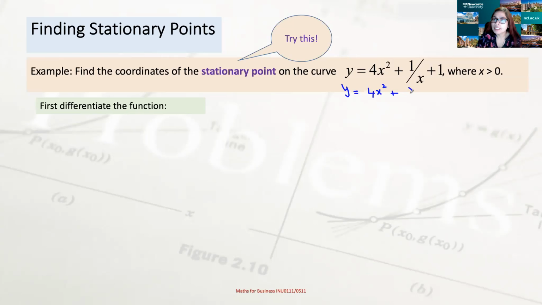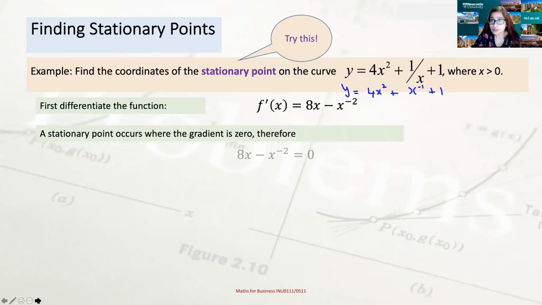So let me write it in this form, plus 1. Now it's easy to differentiate. So it's 8x minus x to the power of minus 2. Again, differentiation of 1 is 0. Differentiation of a constant is 0.